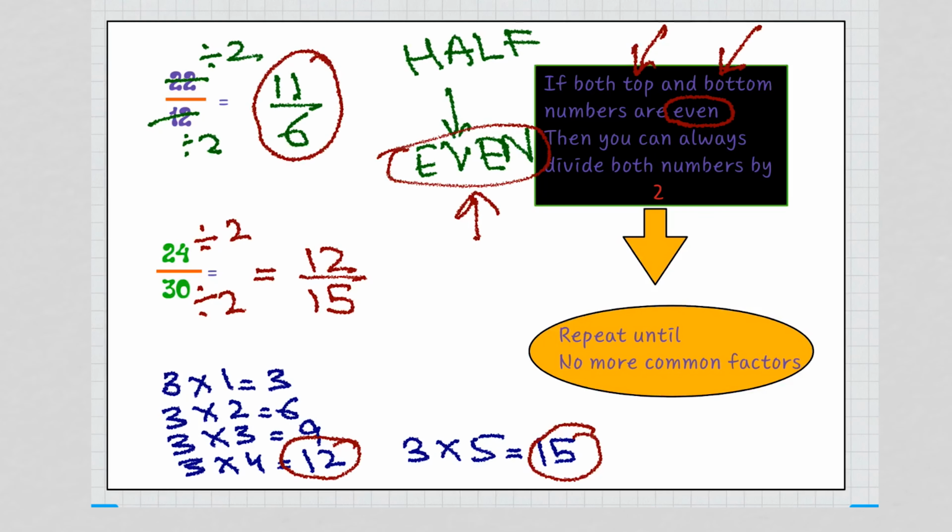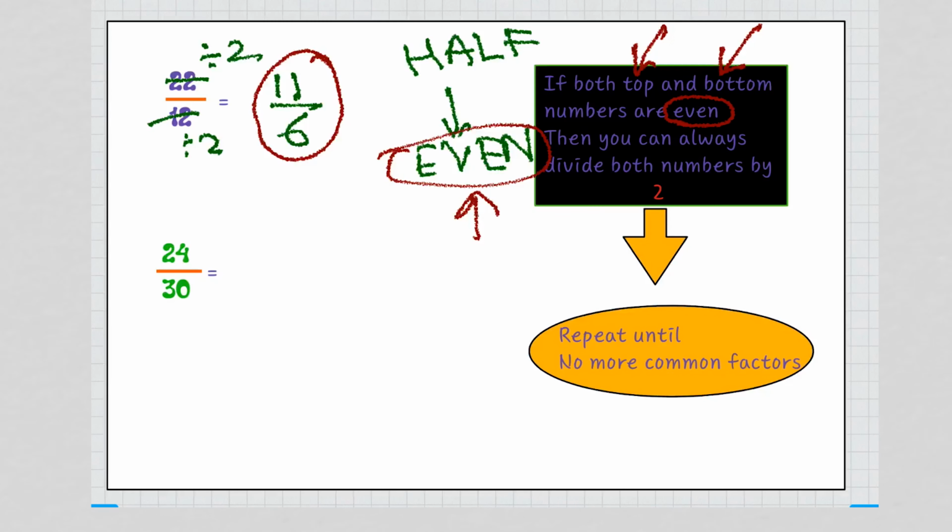So now we can divide both top and bottom by 3, or in a simple way, 3 times 4 is 12 and 3 times 5 is 15. So we can simply write it like that as well. This is also another way of simplifying a fraction into the simplest form, or writing in lowest terms.